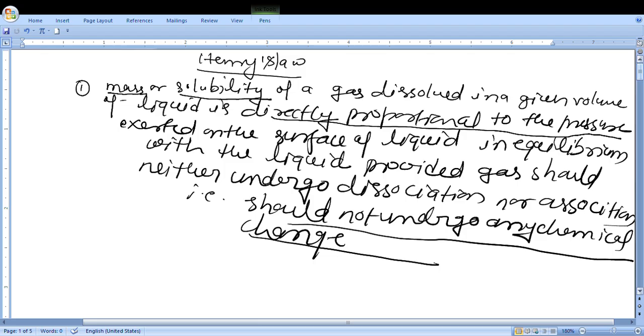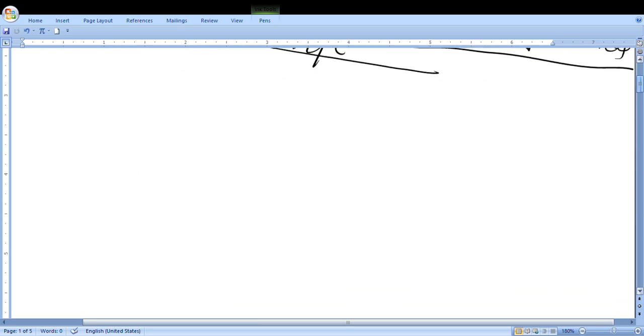So we are taking an example. First of all, we are taking the formula m directly proportional to P according to the definition.